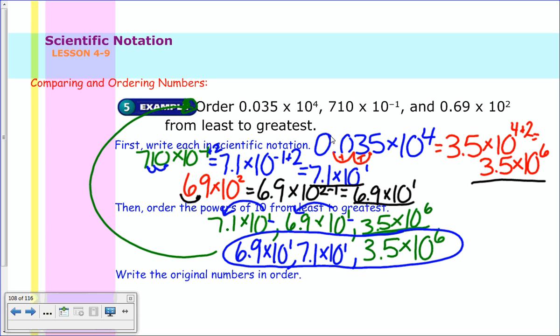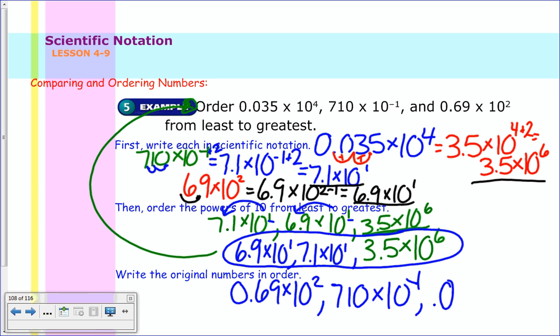Well, 6 9/10 was first written as 69 hundredths times 10 to the second power. Then I had the 710 times 10 to the negative first power. Then I had 0.035 times 10 to the, and I'm just taking a look because I think I made an error here.